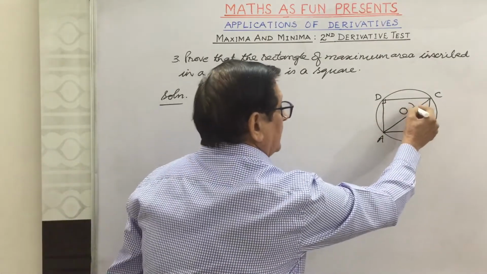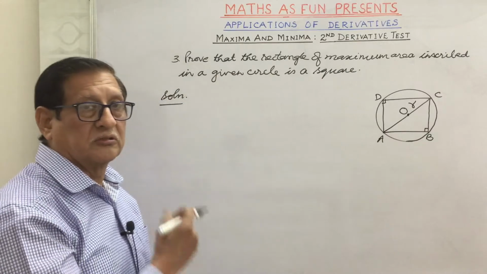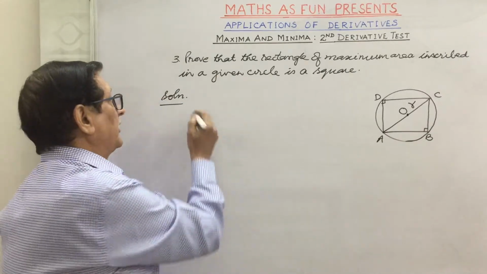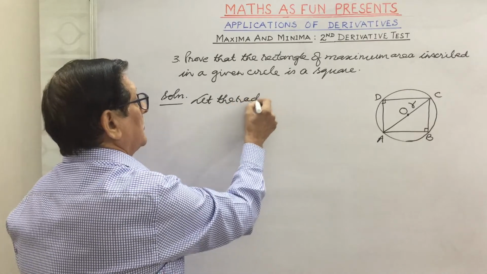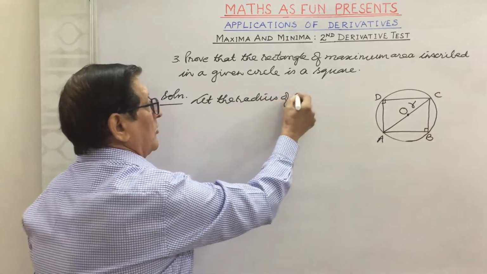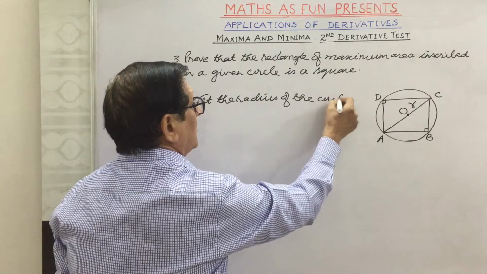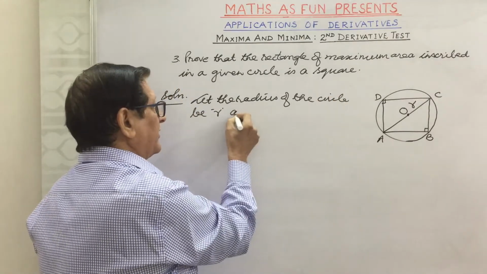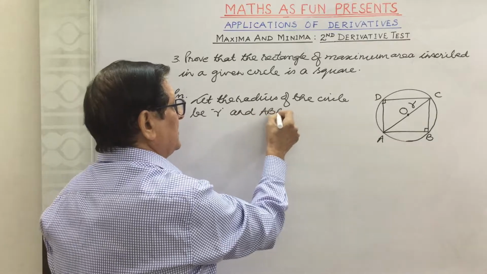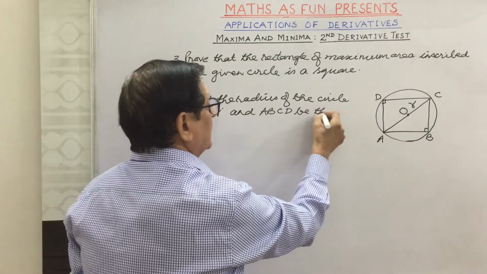And we decide that the radius of the circle is R. So we will write, let the radius of the circle be R and ABCD be the rectangle.